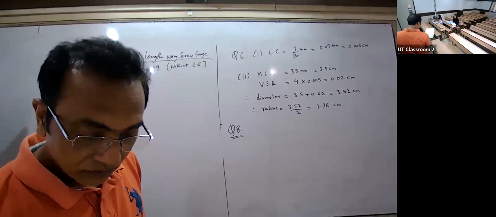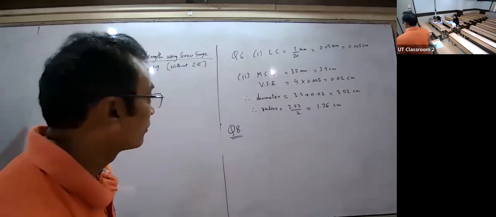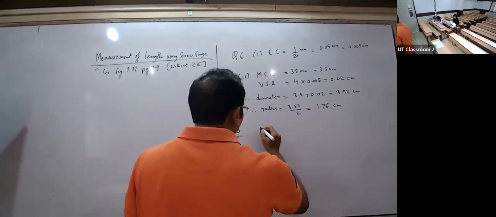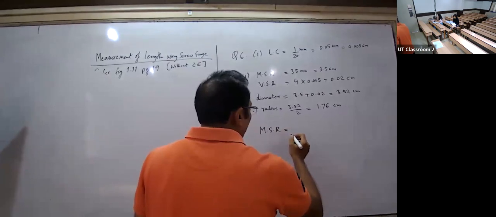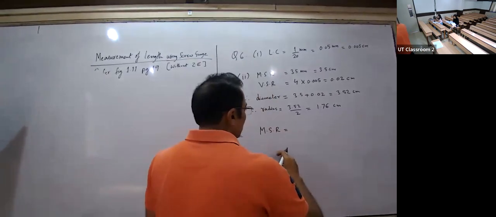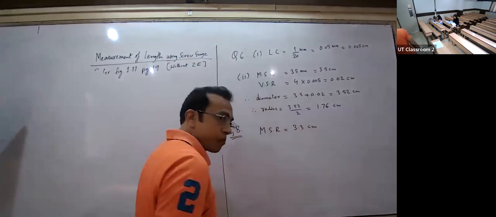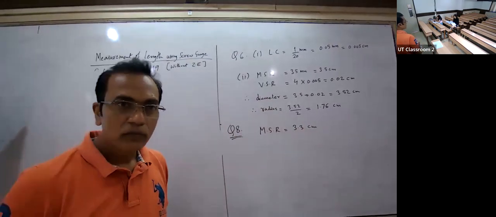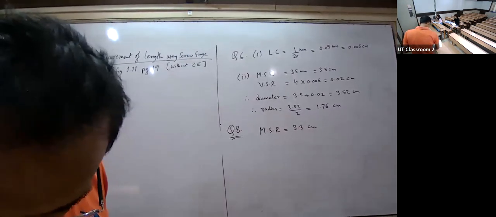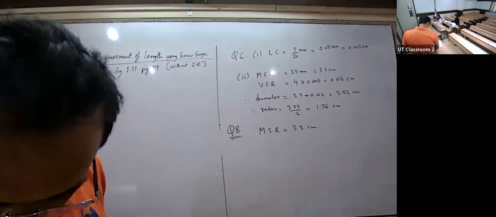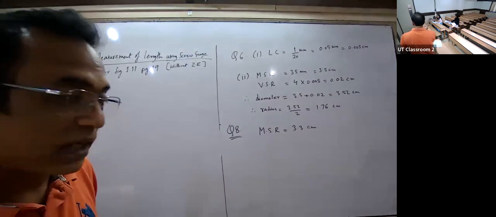First, what is the main scale reading? Main scale reading is anything to the left of the 0 of the vernier caliper. So it must be 3.3 centimeter. What is the clear main scale reading? 3.3 centimeter. Now what remains is between 3.3 and the 0 of the vernier. Only that gap has to be calculated.